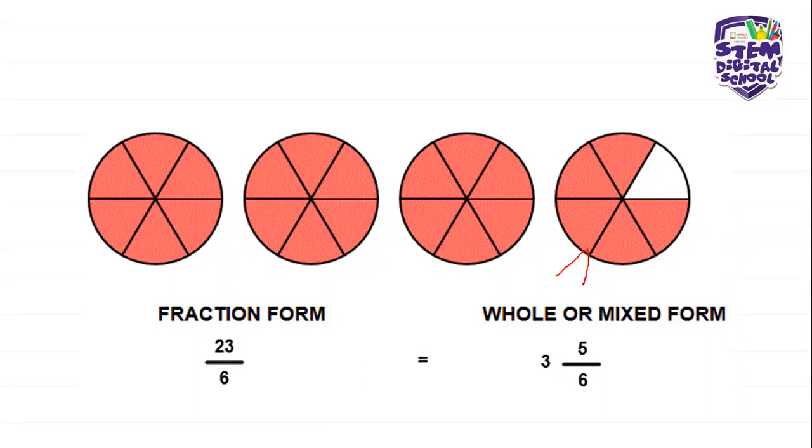When I write it out, I write 1, 2, 3 wholes, and then my proper fraction, which is 5 over 6, because there's one piece missing that was going to make this actually 4 wholes. Then you're done.